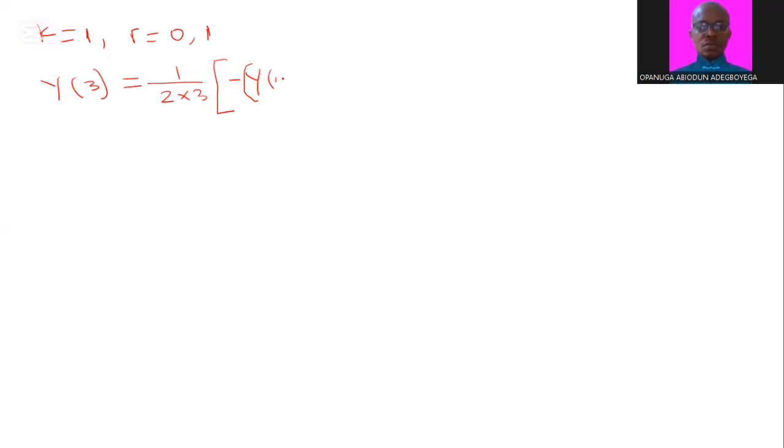So y of 0, y of k minus 0. So when r is 0, plus y of 1 multiplying y of k minus 1. So that's that.